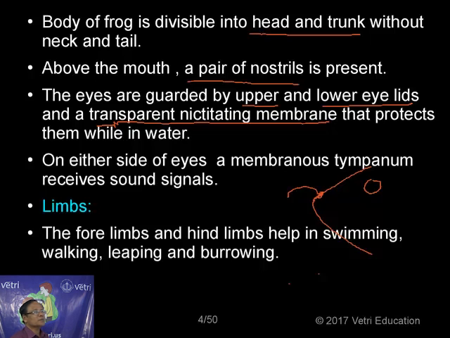On either side of the eye, in the case of frog, the external earlobe is absent. We have only the eardrum, which is in flush with the skin. The external auditory canal is also absent. On either side of the eyes, a membranous tympanum or tympanic membrane is present.